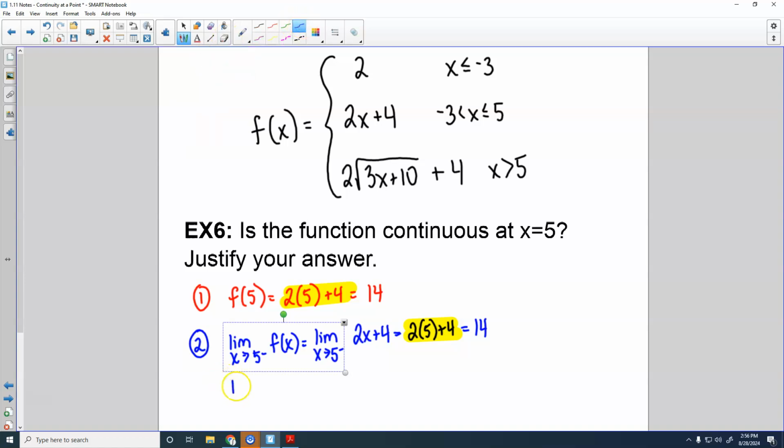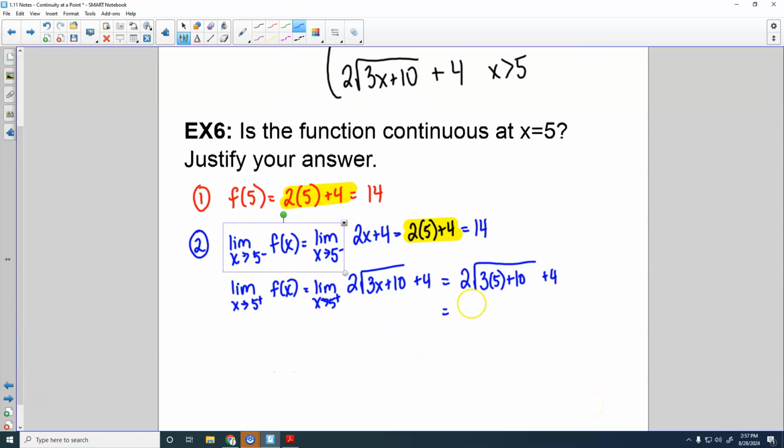Okay? And then we got to do the limit as x approaches 5 from the right of f of x. It's going to be the limit as x approaches 5 from the right of the bottom equation, 2 times the square root of 3x plus 10, plus 4. And that is going to be 2 times the square root of 3 times 5 plus 10, plus 4.